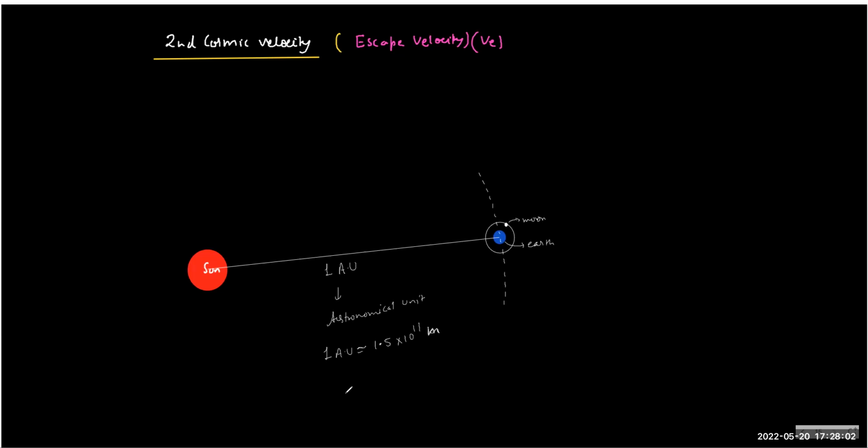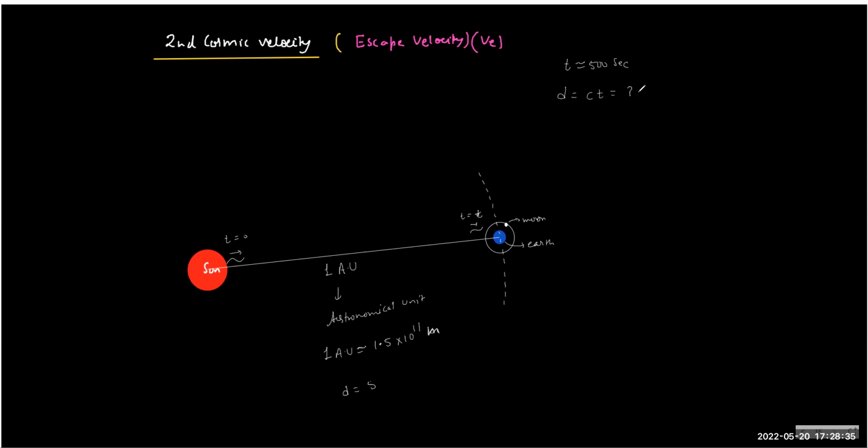And how to determine this answer? Roughly, the time taken by a light ray to reach Earth, you know how much? How much time does light take to reach Earth? It is 500 seconds. So distance you can write as vt, or you can say ct, the speed of light into time.